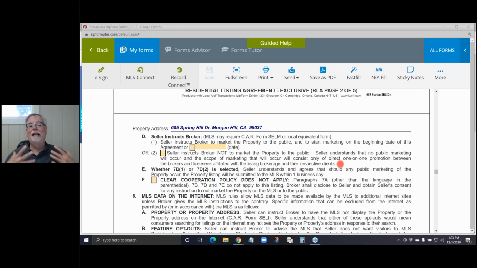That same language again. So the seller could opt out, but no for sale sign, no single property website, no digital marketing, no Facebook ads, and you just don't get any of that. So I'm just saying that's what happens if they mark that.